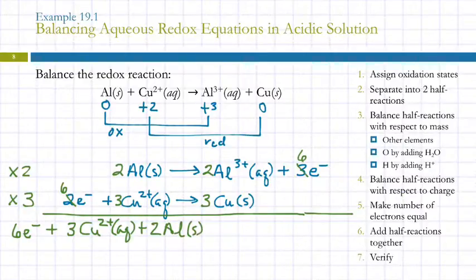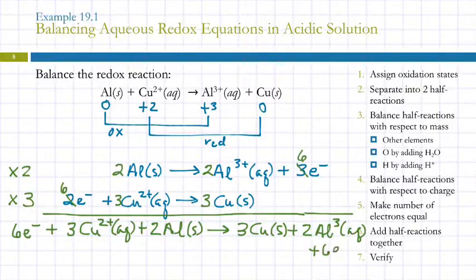In addition, order doesn't matter. 3 copper atoms, 2 aluminum ions, and 6 electrons. Everybody okay with that? I'm just taking the reactants from both half reactions and putting them together on the reactant side. I'm taking the products of both half reactions and putting them together on the product side.